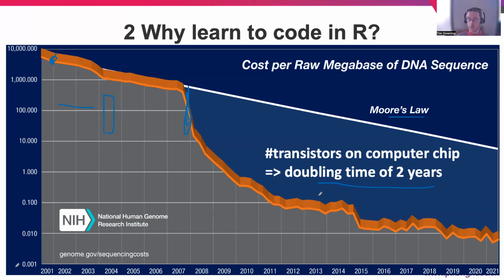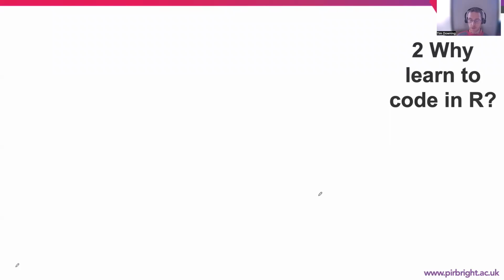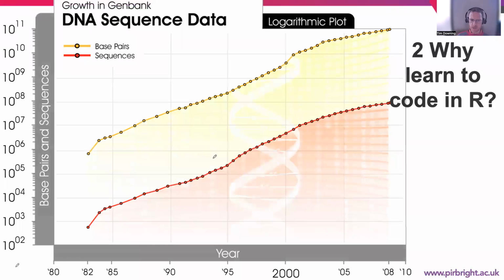And we know that if we go back further in time, the amount of DNA sequence data available has increased dramatically, even without this genomics revolution. So that trend has continued throughout the history of bioinformatics and will continue further into the future.